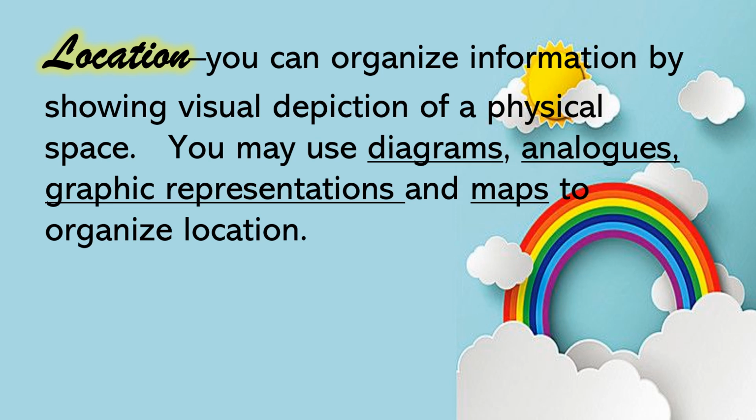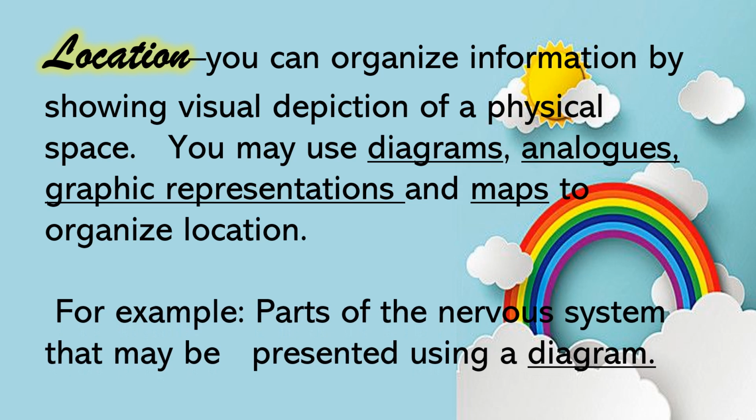You can organize information by showing a visual depiction of physical space. You may use diagrams, analogs, graphic representations, and maps to organize location. For example, parts of the nervous system may be presented using a diagram.